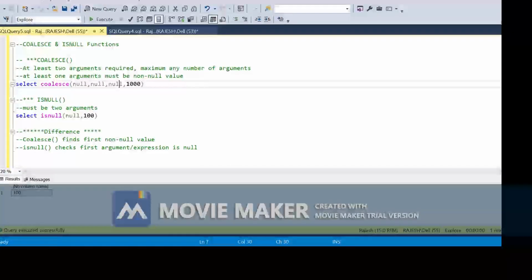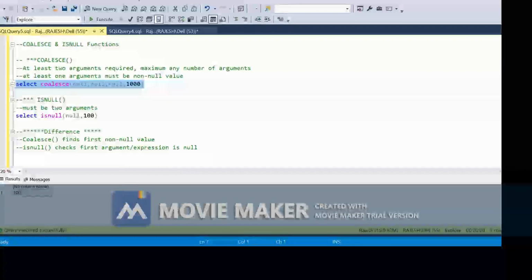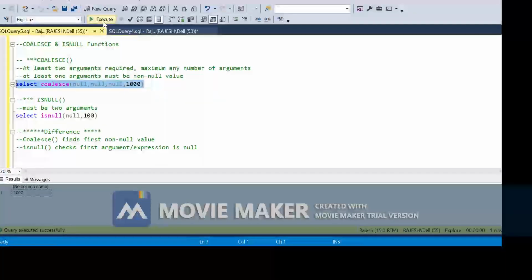as we saw earlier, and we can check here again: null, null, null and 1000. Three arguments are null values, the fourth one is 1000. So whenever we tried to run it, it was returning 1000.